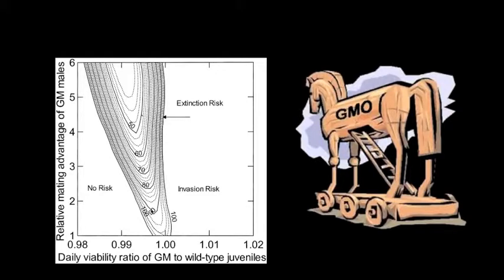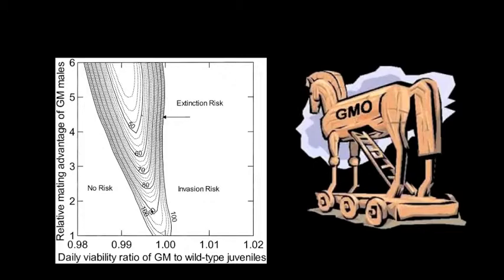Okay, so now we're going into the actual Trojan genes. The deal with the GM salmon is that they're about 4 times as large as a regular salmon, and they have a 4 times greater chance of reproducing, and they can interbreed with the native salmon population. But they also only have about a 2/3, like a 66%, chance to survive to maturity.